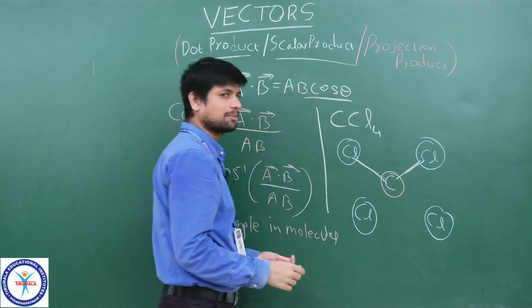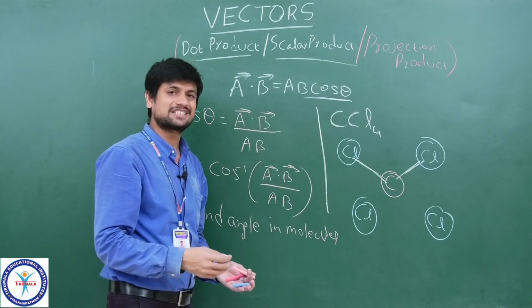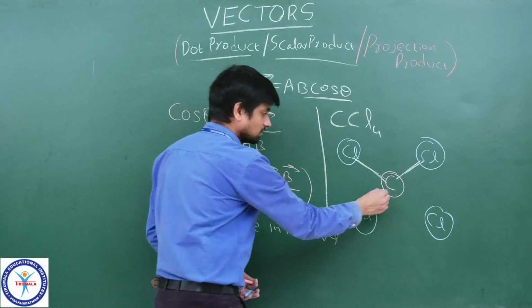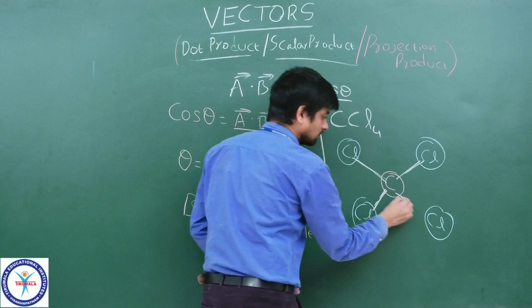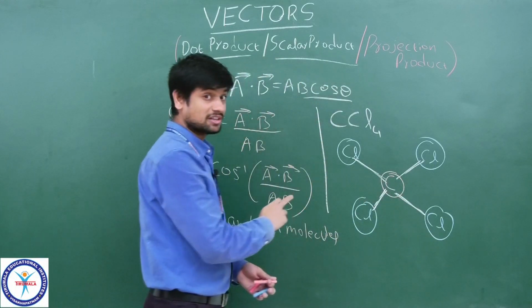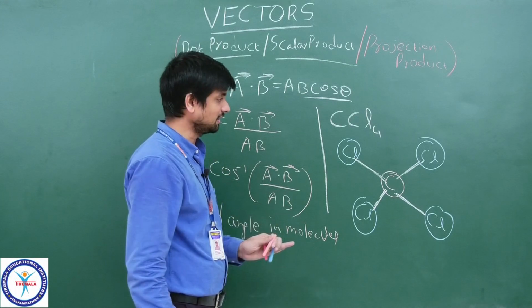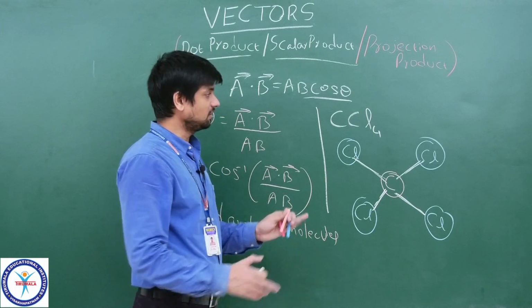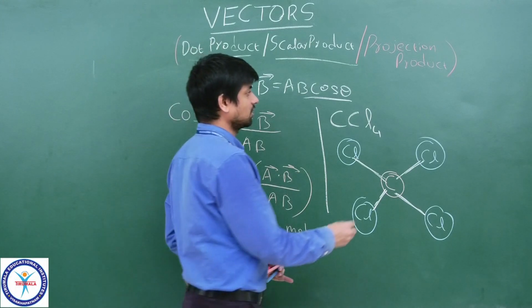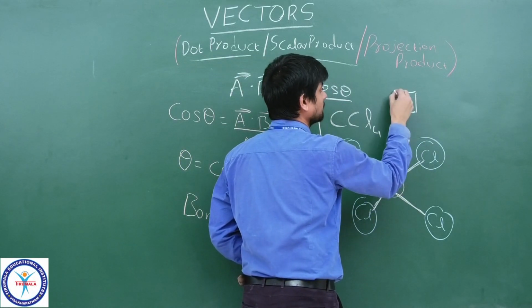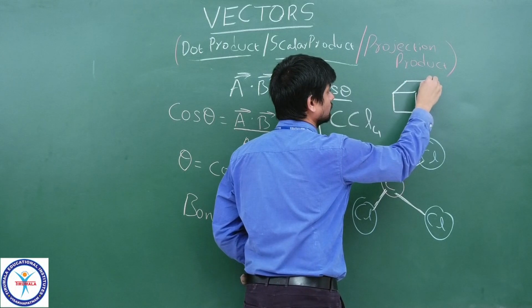In our physics, the bond we can assume as a spring, and these are the spheres. Those are not in 2D, they are 3-dimensional. Actually, they will form one cube, children. Cube means you can see the 3-dimensional square is the cube.